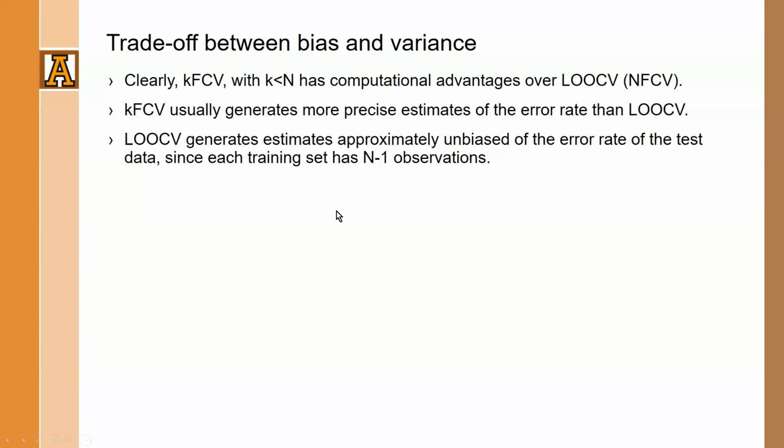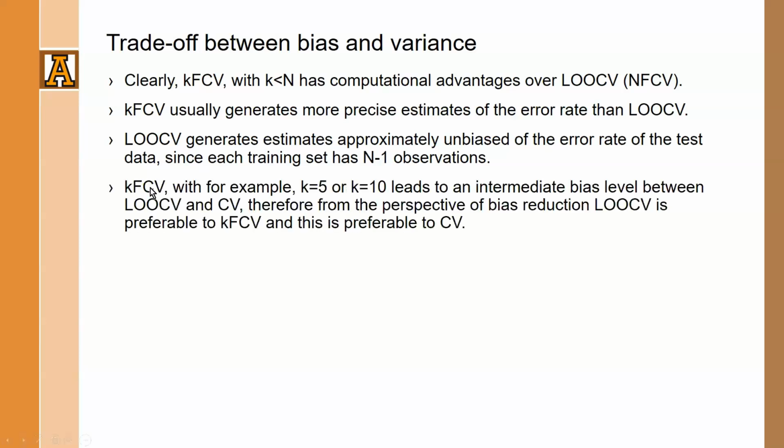The smaller bias, but higher variance. While k-fold cross-validation, for example for k equals 5 or 10, which are common values for k, leads to an intermediate bias between leave-one-out cross-validation and simple cross-validation. So from the perspective of bias reduction, leave-one-out cross-validation is preferable.